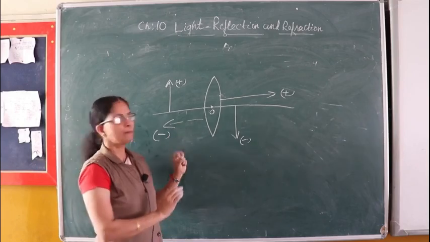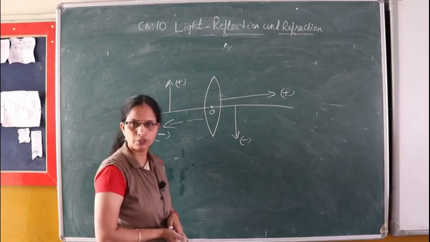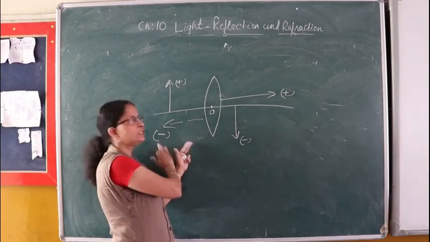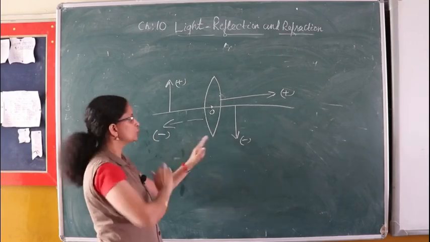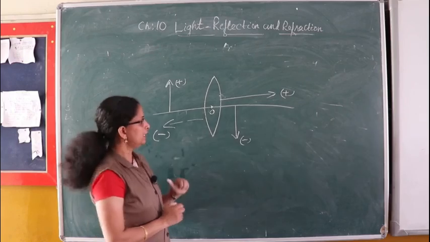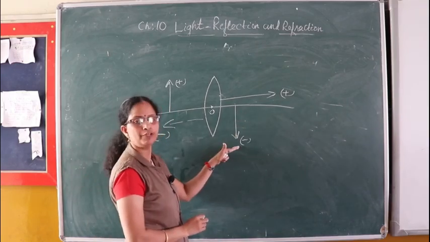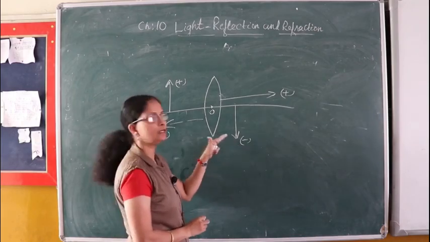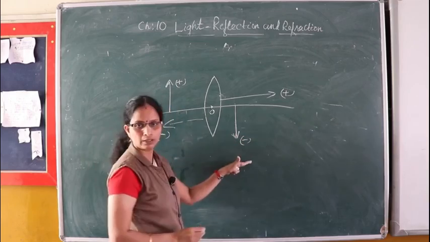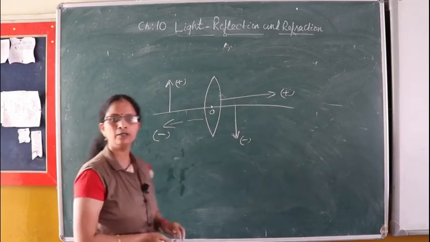In the same way, a concave lens always forms a virtual image only. That virtual image is always formed on the left side of the lens, on the same side as the object, so that should always be taken as negative. And the height of the image also: if it is a real image, its sign will be negative, and if it is a virtual image, its sign will be positive.